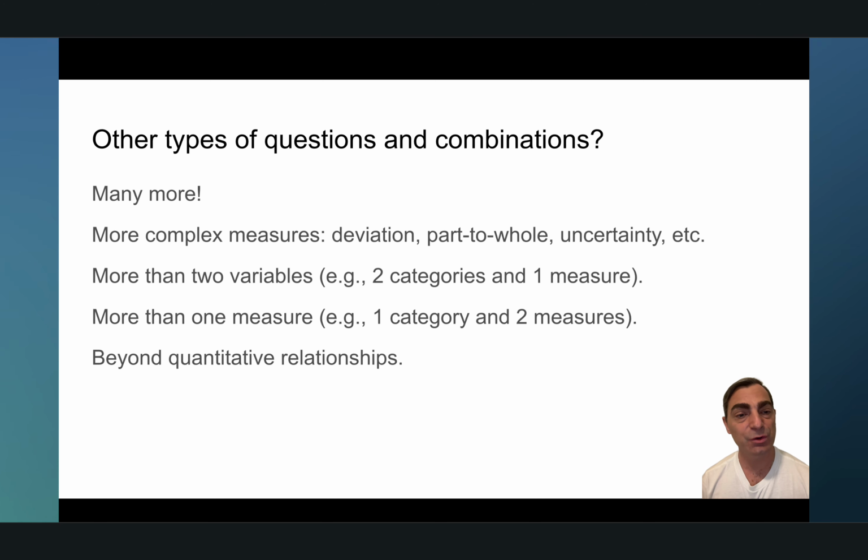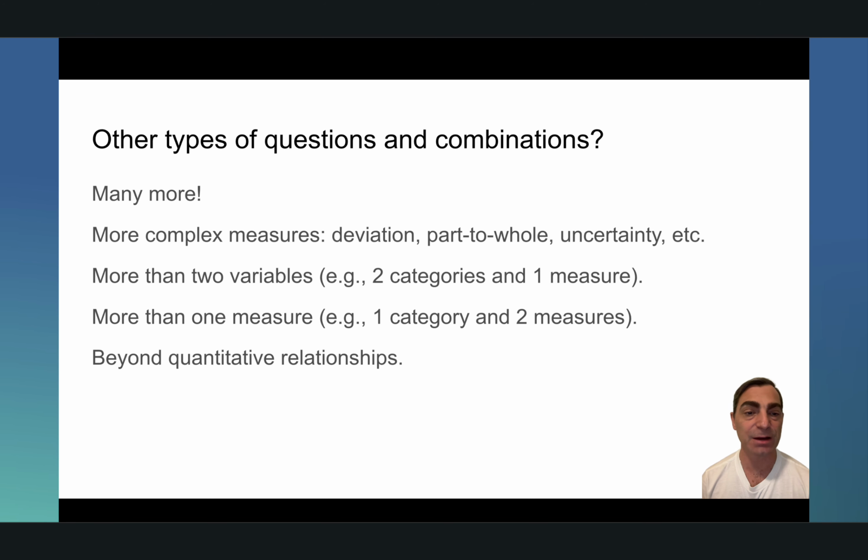And of course, we can also go beyond quantitative relationships. For instance, one thing that we are not covering here, and we won't cover until much later in the course, is relationships like in network data, right? In network data, we have basically data that represents relationships. There can be some quantities attached to them, but not necessarily, right?